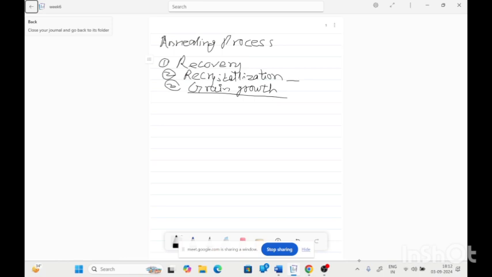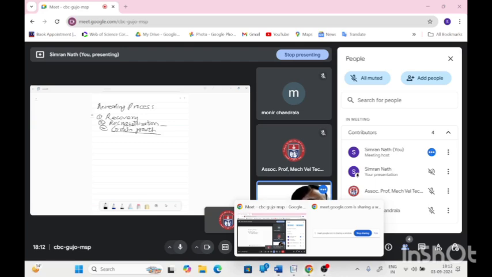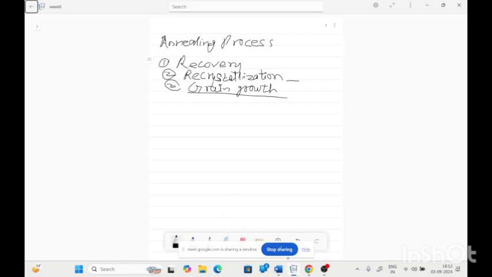So grain growth is what? If after recrystallization the sample is kept at the same annealing temperature, the grains will start to grow.